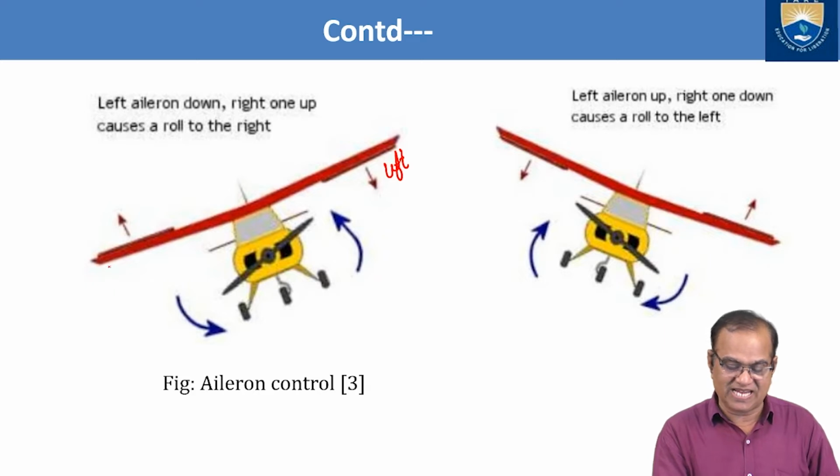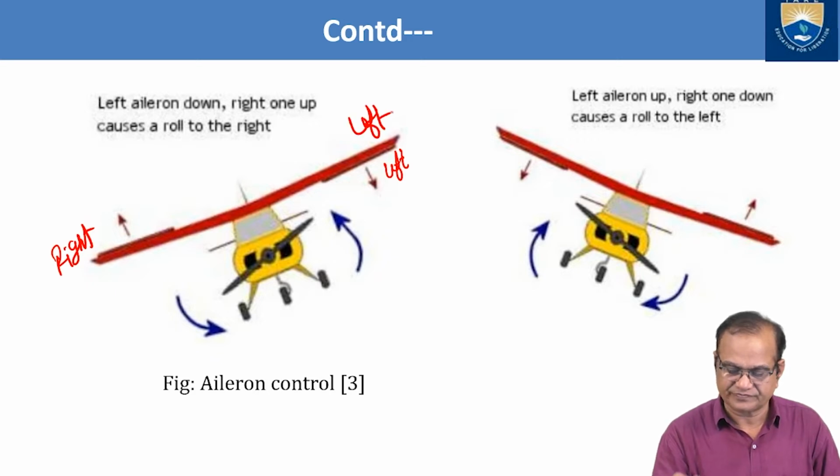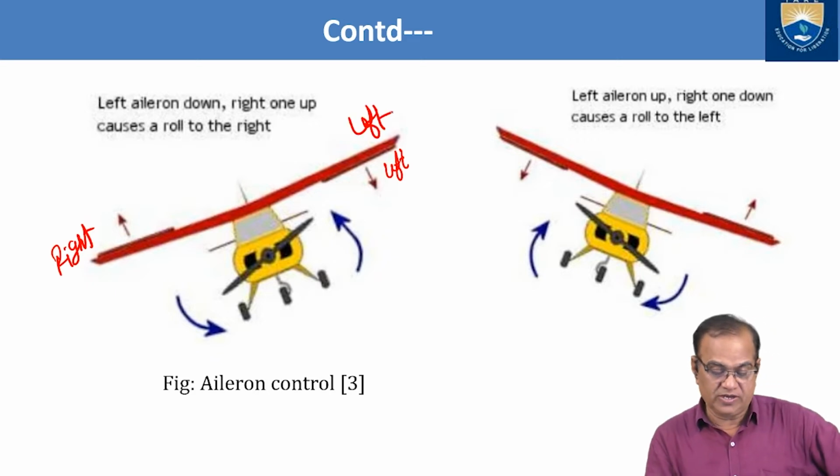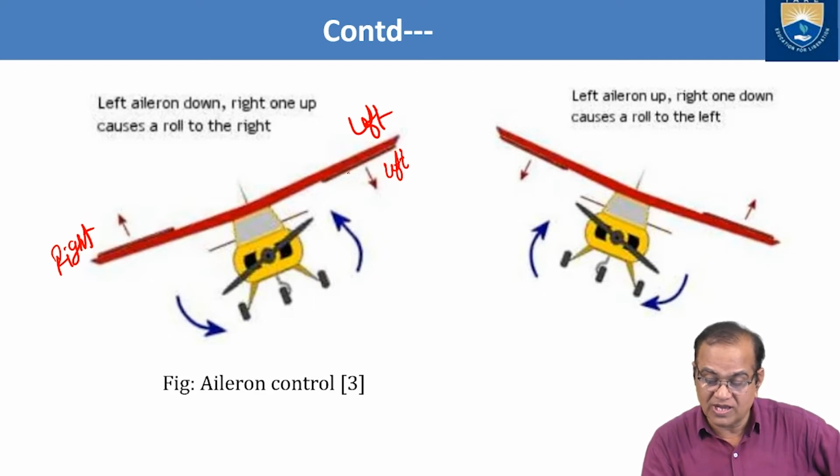So this is the right side, and this is the left. If you want the right side to go down, then the left aileron should go down.